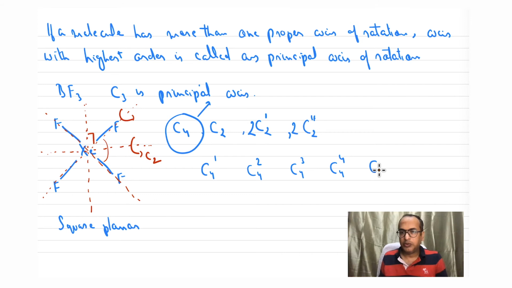So if you do C4 done 5 times, this will be equivalent to C4 done once. If you go to C4 done 6 times, this will be equivalent to C4 done twice. So it keeps on getting repeated. Okay. So now let's actually try to work out all these operations and see for yourself.